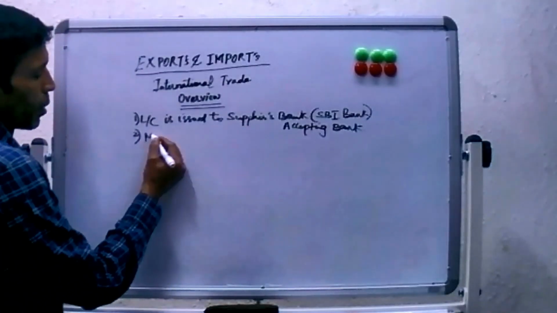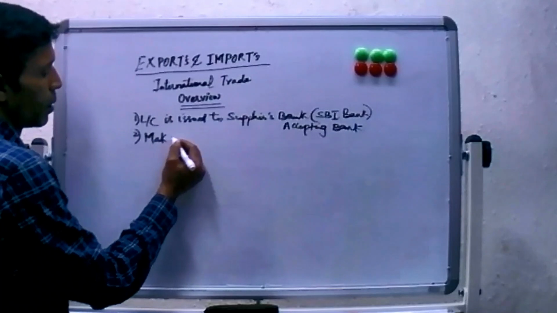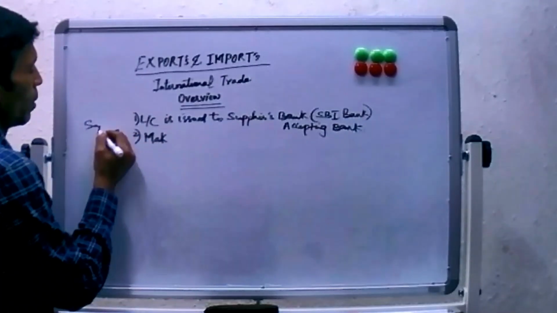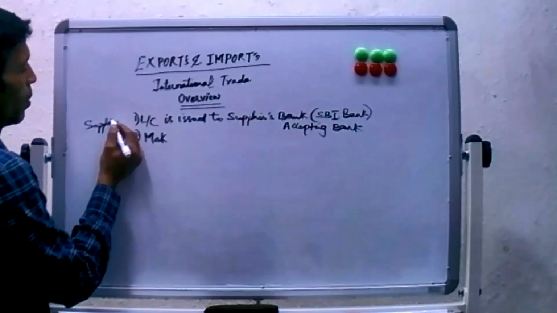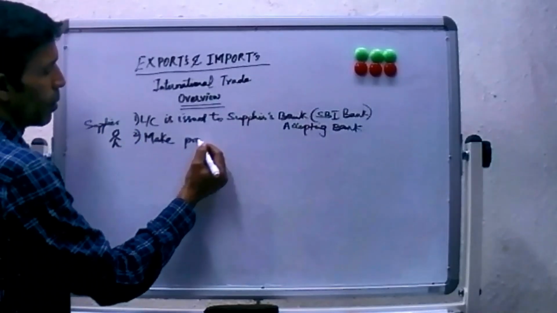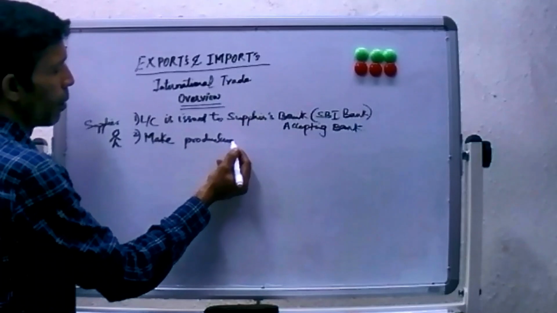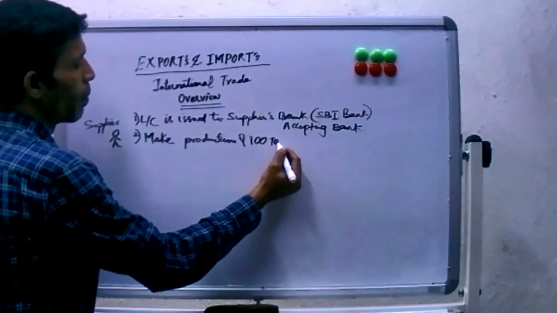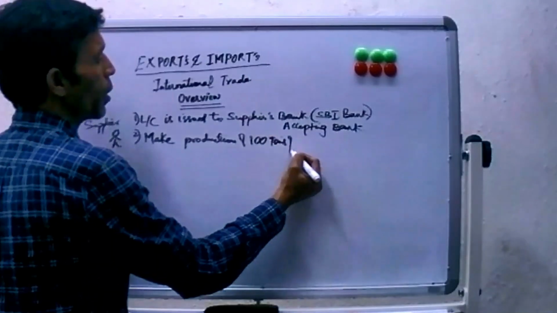Now the supplier will make the production of 100 tons of sugar.